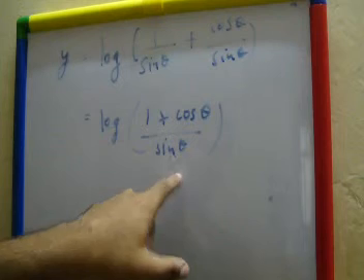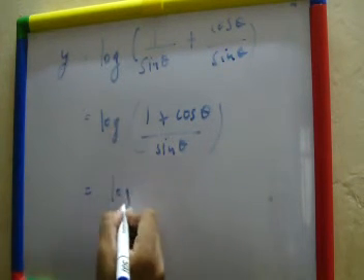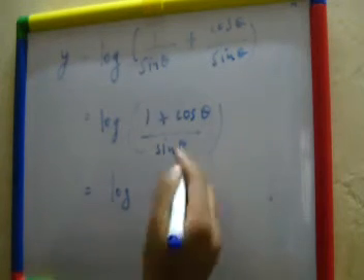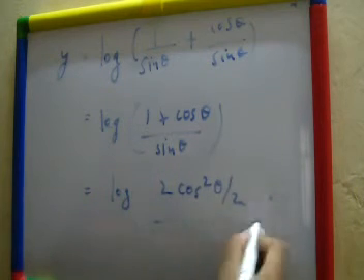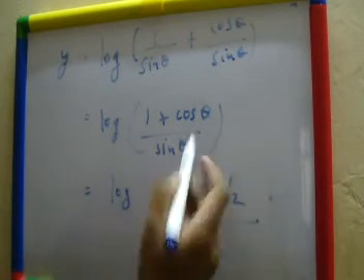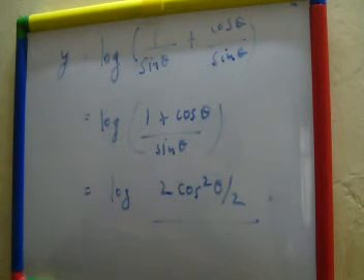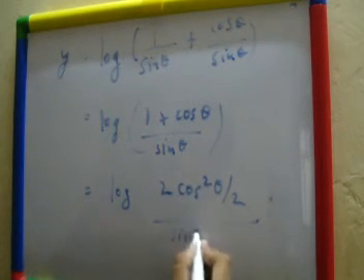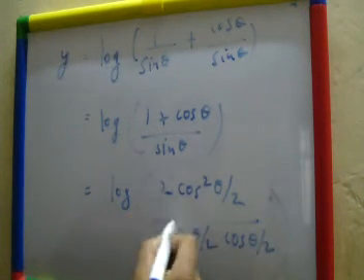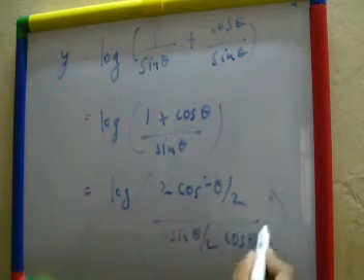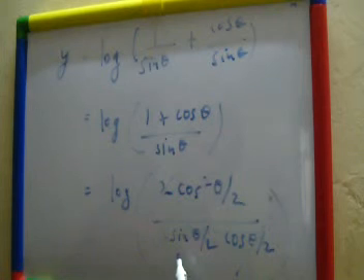So 1 plus cos upon sine. Now we are using the half angle formula. 1 plus cos theta is 2 cos square theta by 2, and sin theta is 2 sin theta by 2 cos theta by 2. 2 and 2 vanish. Cos and cos is gone. So in numerator there is 1 cos and sin in the denominator.